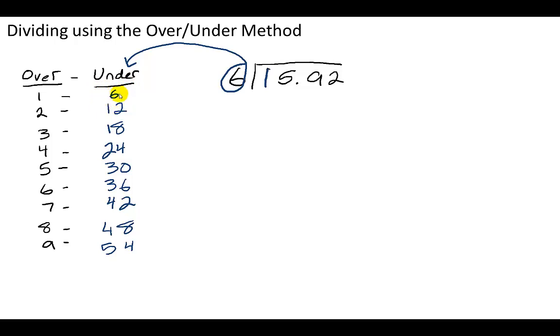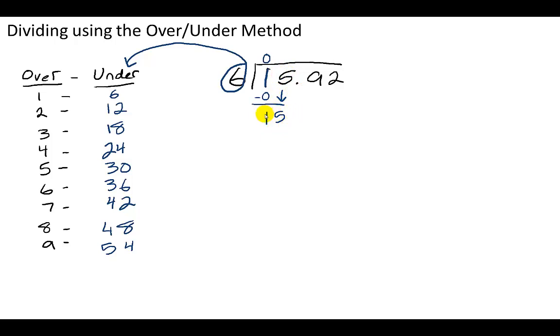But starting off, we hit 6, and that's bigger than the 1, so we can't do anything right here. It's a 0. Any amount of 6's is more than the 1. So we're going to have 6 times 0, that's 0, and now we subtract. 1 take away 0 is 1. We're now going to bring down the 5.